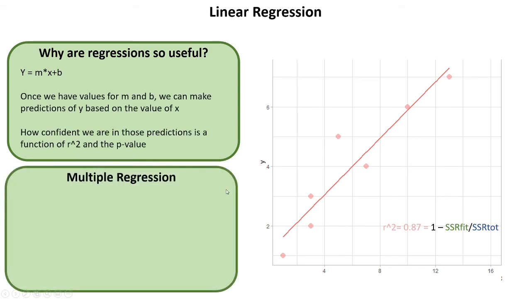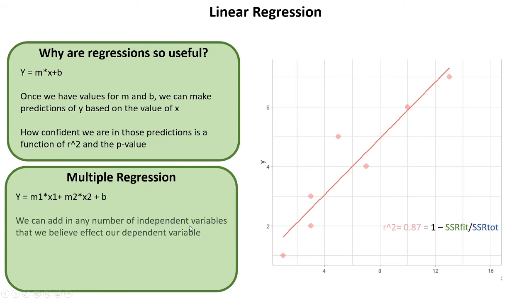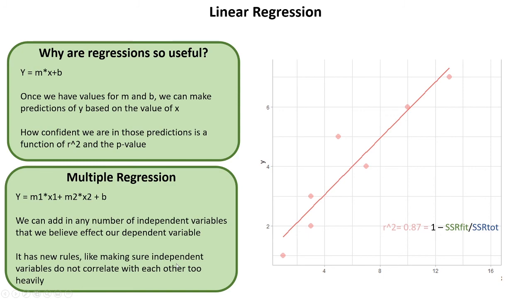Okay, and finally, multiple regressions. You can do this not just for a single independent variable. You can say m1 plus x1, m2 plus x2, m3 plus x3, as many as you want. It works very similarly to how you would do things in a linear regression. You just add more and more variables. There are some special rules.